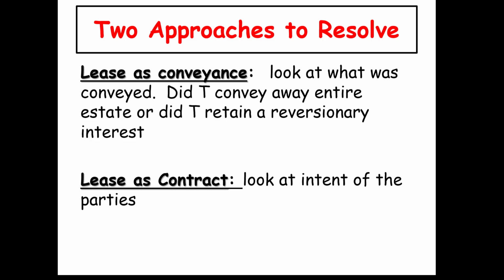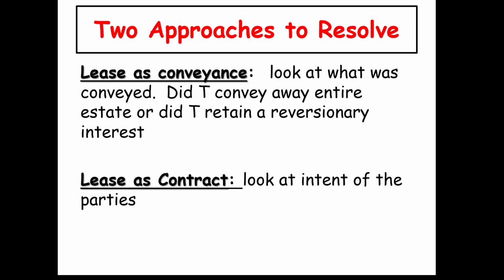So the property way is, if we view the lease as a conveyance of an interest in land, we look at what was conveyed. Did the tenant convey away their entire estate? If so, that's an assignment. Or did the tenant retain a reversion in the leasehold estate, a reversionary interest? If so, that's a sublease. Okay, and that's a nice clean rule, right?